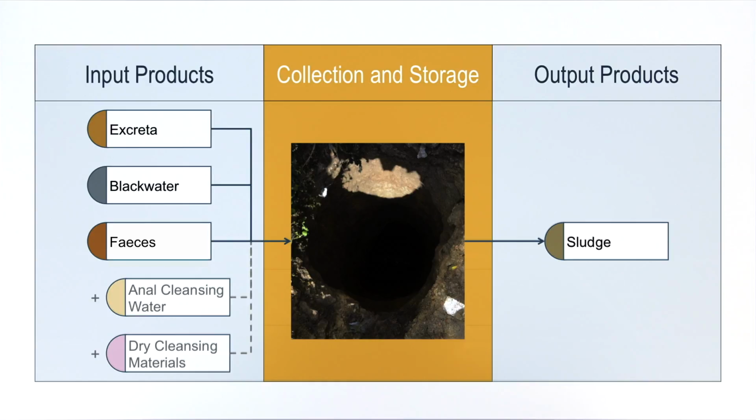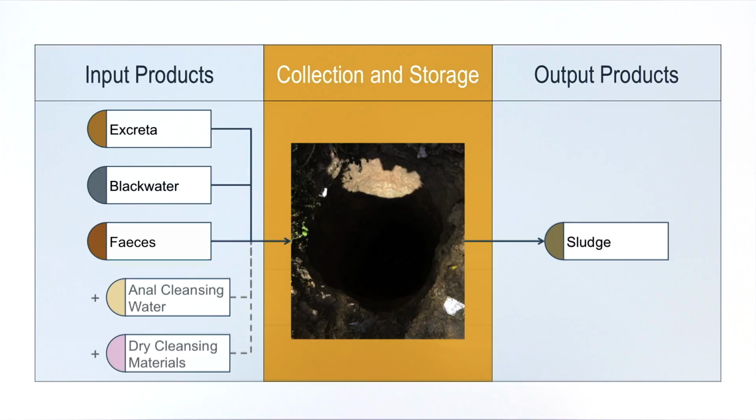As we have seen for the user interface, the different technologies have different input and output products. This also applies to each technology from the other functional groups, including collection and storage. If we take the example of the single pit, the input products can be excreta, black water, or feces, usually mixed either with anal cleansing water or dry cleansing materials.